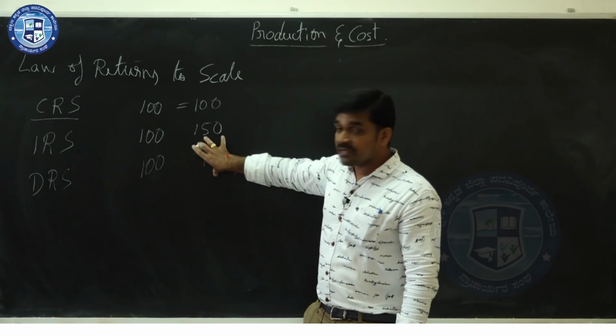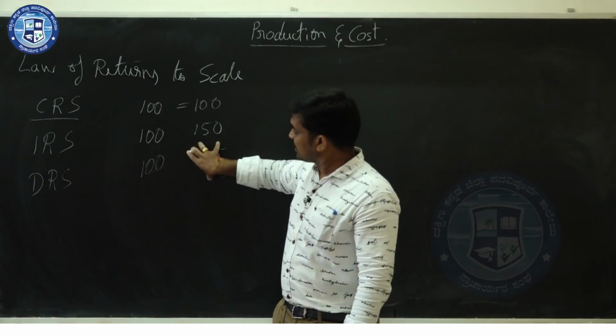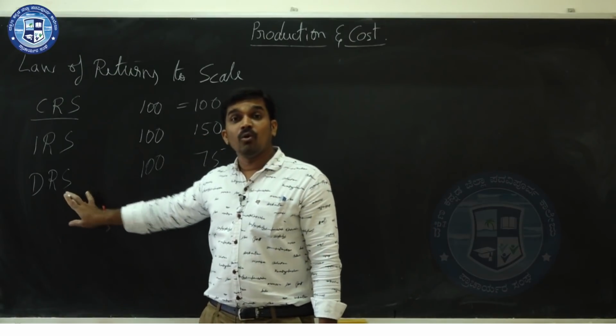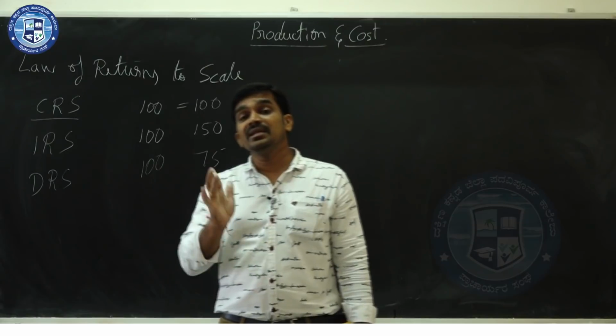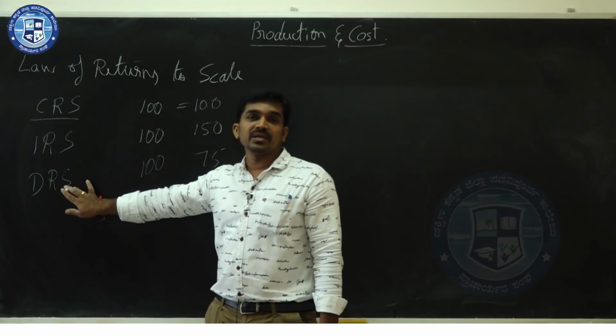It means output is increased 75%, input increased 100%. So 75 is less than 100. So under decreasing return to scale, output increases but less than the increase in input. This is diminishing or decreasing return to scale.